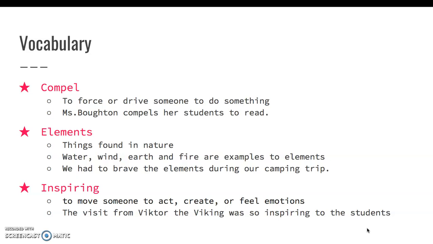You guys have heard me oftentimes compel you to complete your independent reading. So an example sentence would be, Miss Boughton compels her students to read.